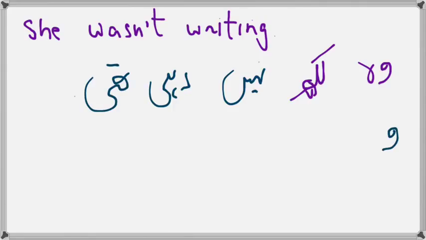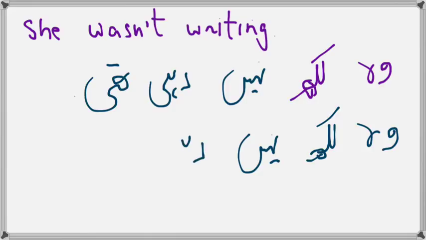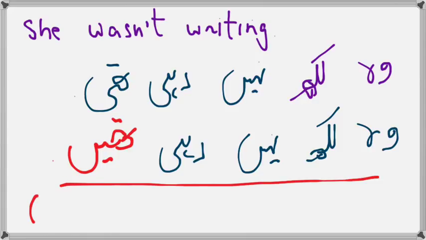And formal version, to show some respect, वो लिख नहीं रही थी. And this version, वो लिख नहीं रही थी, is also used when we are talking about a group of female. They were not writing. वो लिख नहीं रही थी.